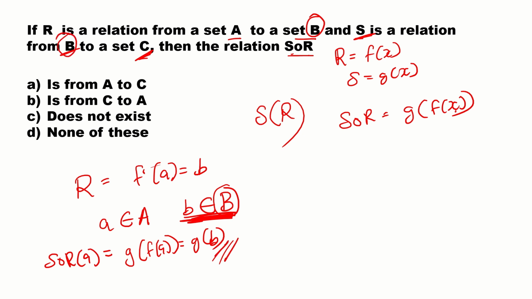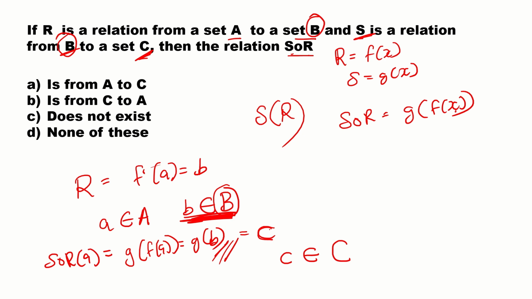So let's say g of b equals c. This is the same as from B to C, so small c will belong to the set capital C.